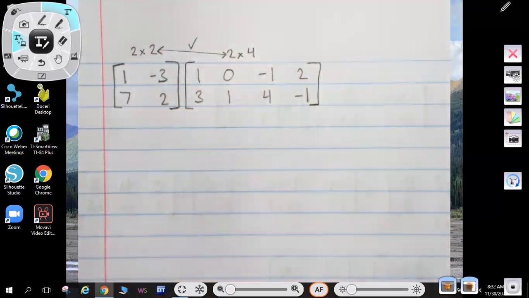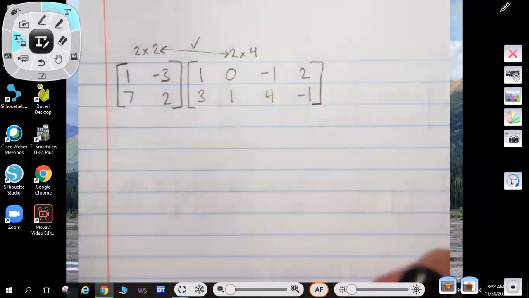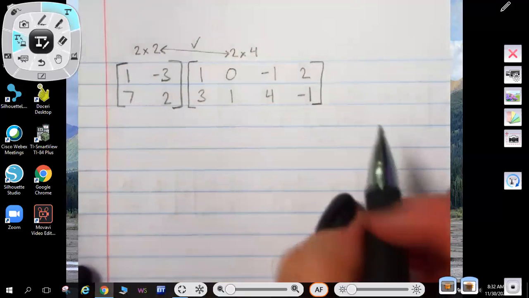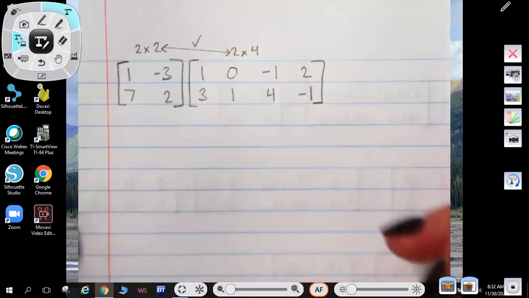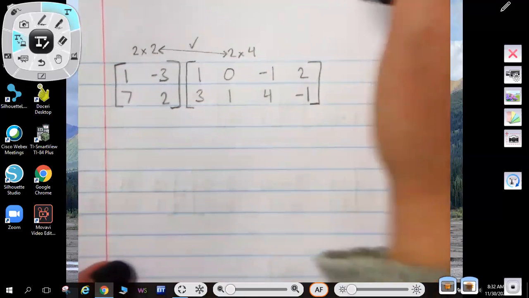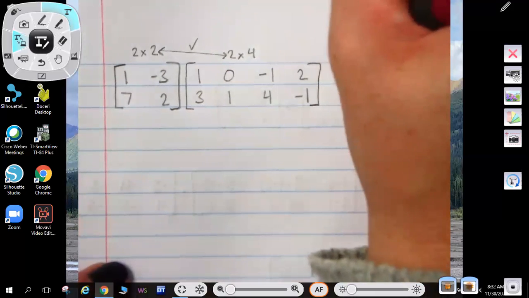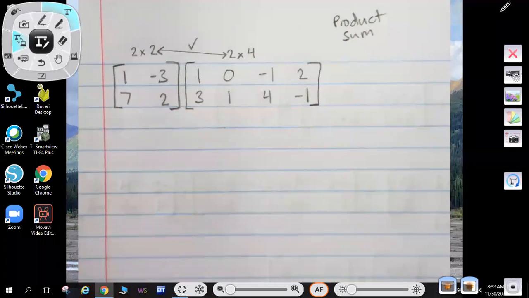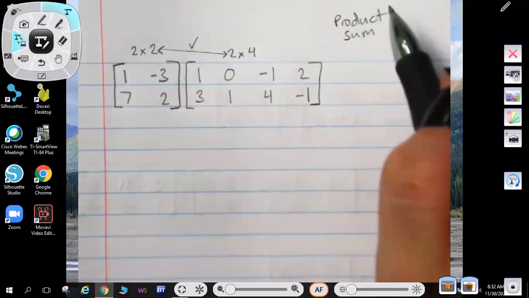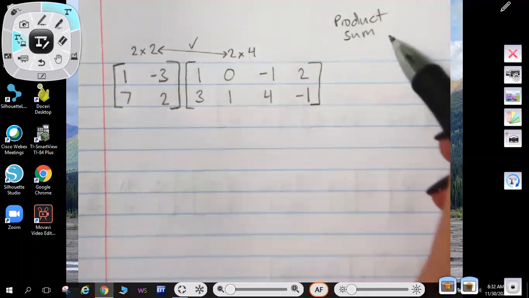Okay, so the way that we multiply two matrices together is we use what is called a product sum. A product is what you get when you multiply. A sum is what you get when you add.